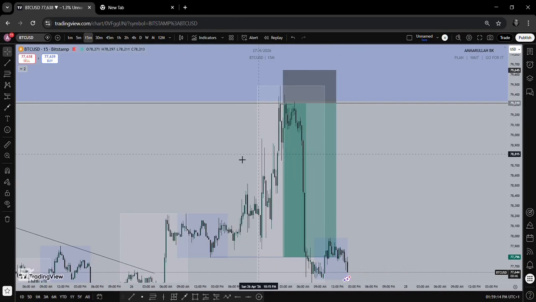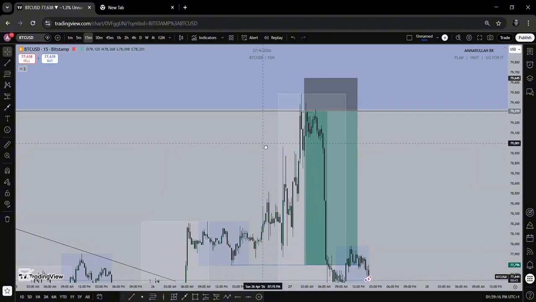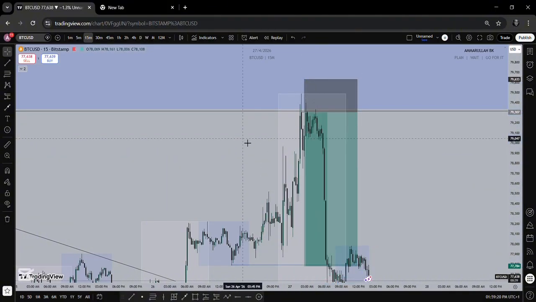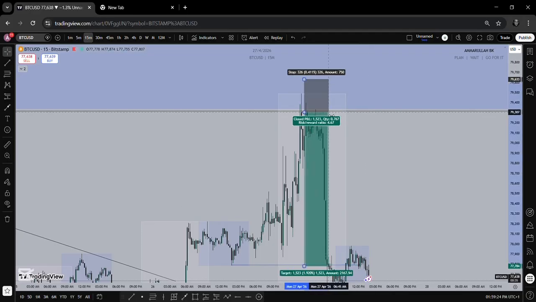So that was how I did it. That's how rejection block works. You understand? It's a very strong tool. If you add it to your confluences for any of your entries, it will definitely be giving you sniper entries, something like this.